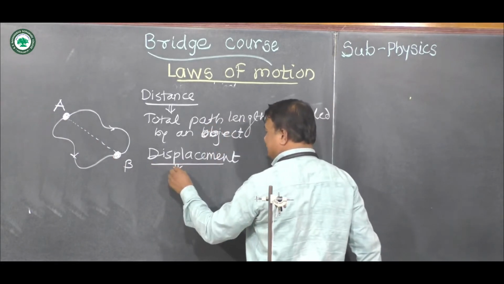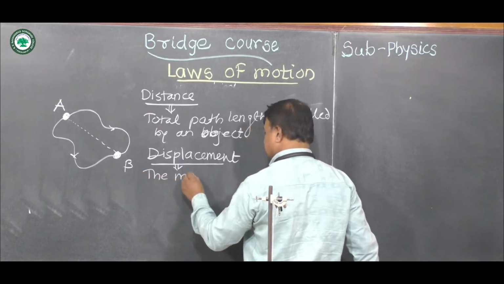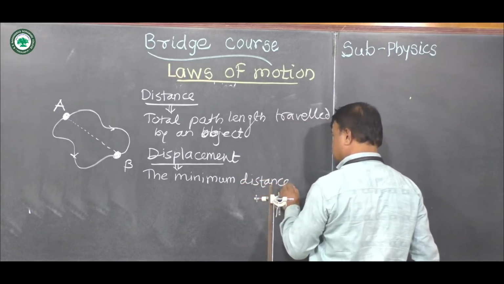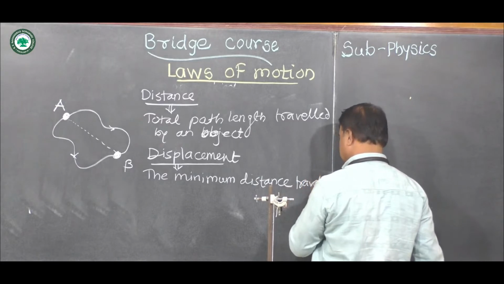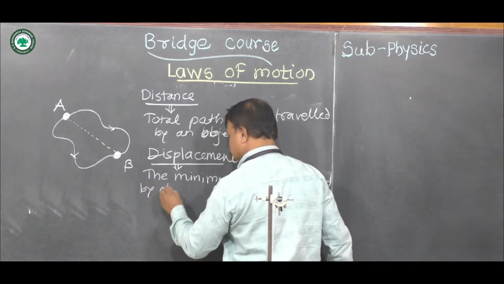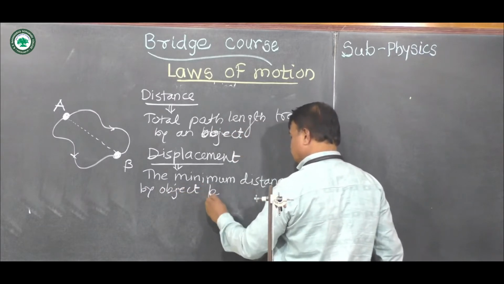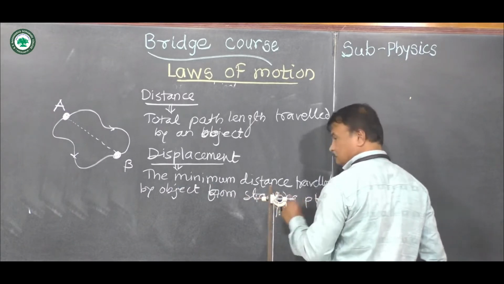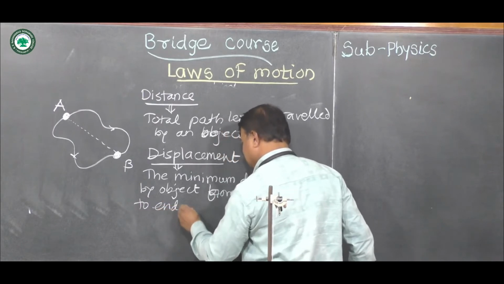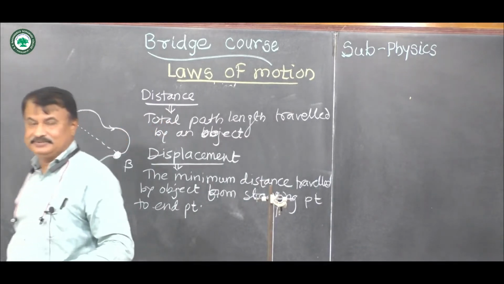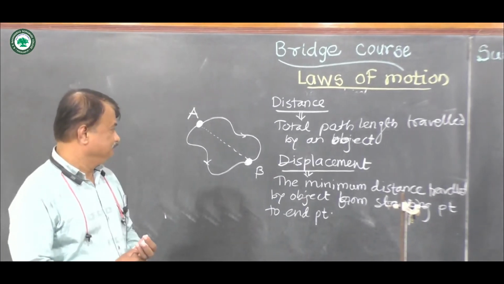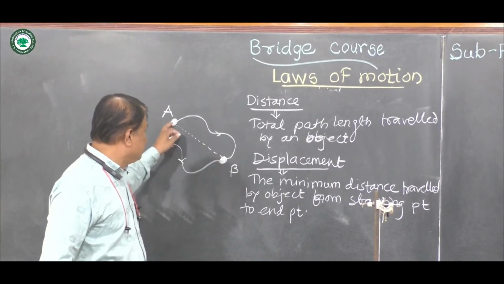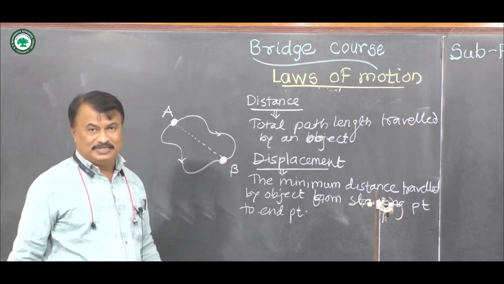So we write: displacement is the minimum distance traveled by an object from the starting point to the end point. It is called displacement.